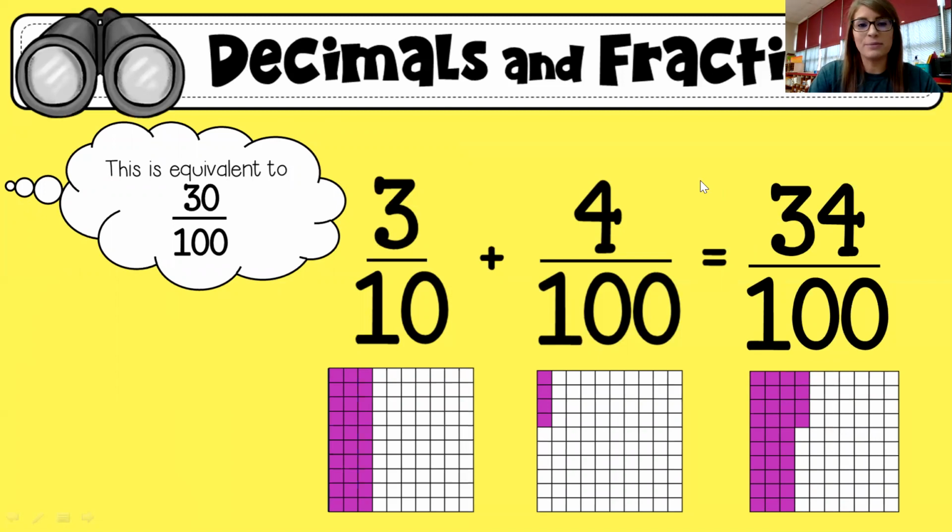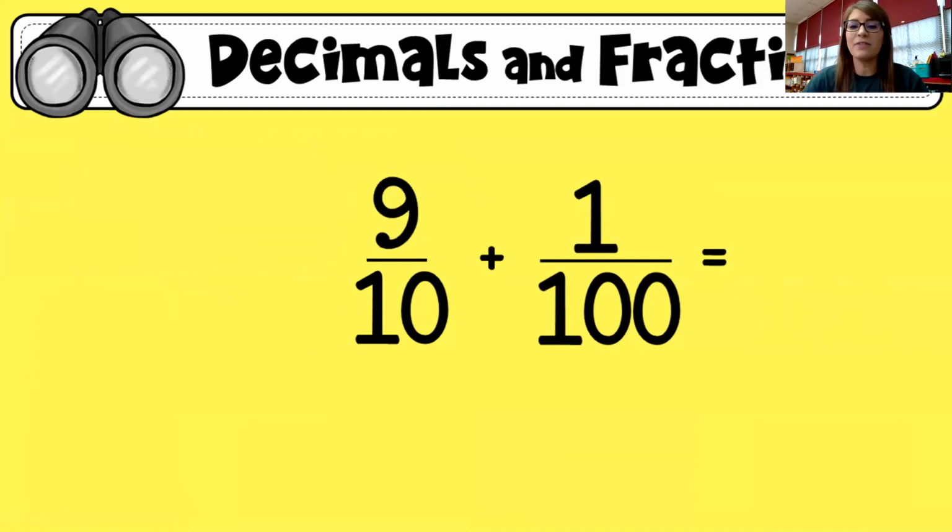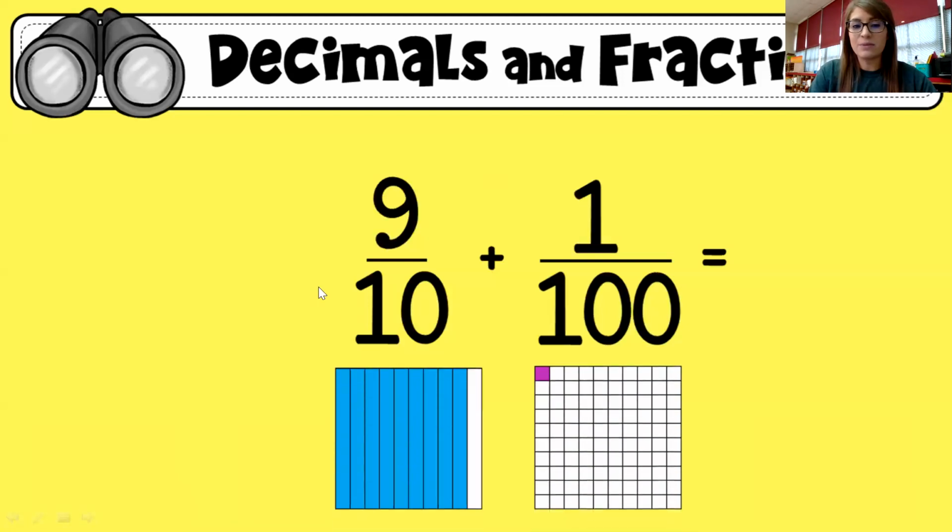All right, let's try another one. 9/10 plus 1 100th. So which fraction can we leave alone? Very good. We can leave this fraction alone right here, 1 100th, because that denominator is what we want it to be, the 100. But we are going to have to change this 9/10, okay?